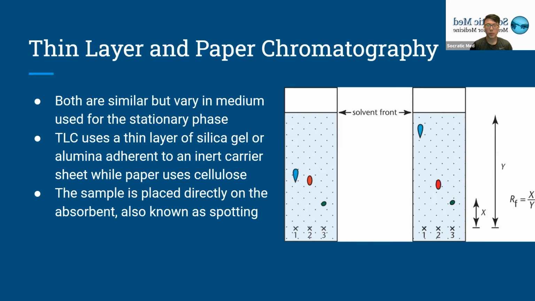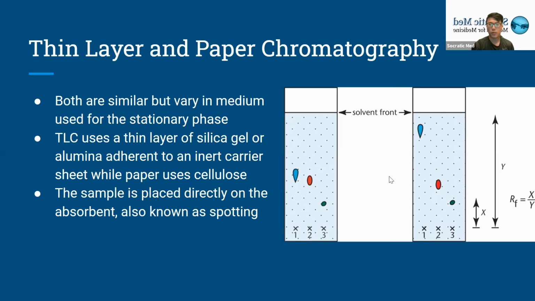Like I said before, spotting is when you put the sample directly onto the absorbent at the bottom. So this sample will be placed on the stationary phase. And then once the mobile phase carries the sample through the stationary phase, it'll move it to different distances on that stationary phase.